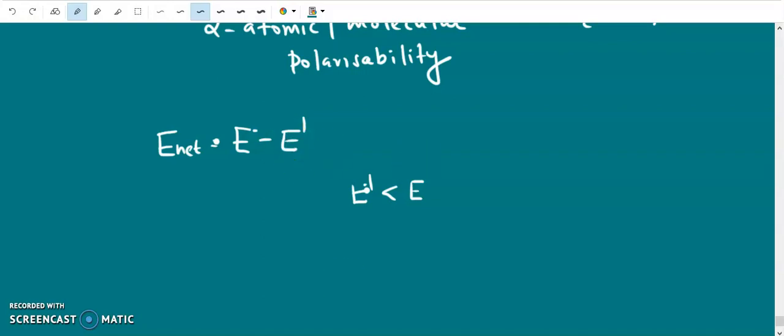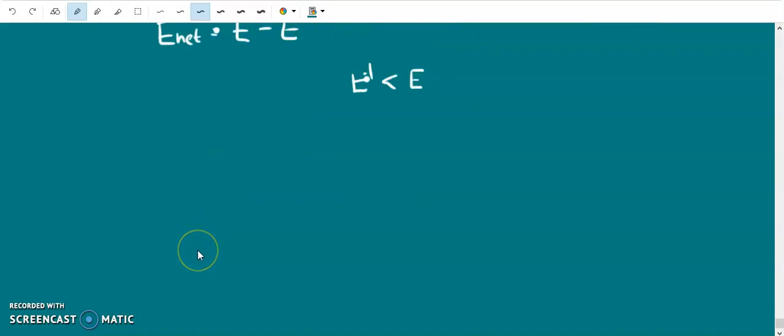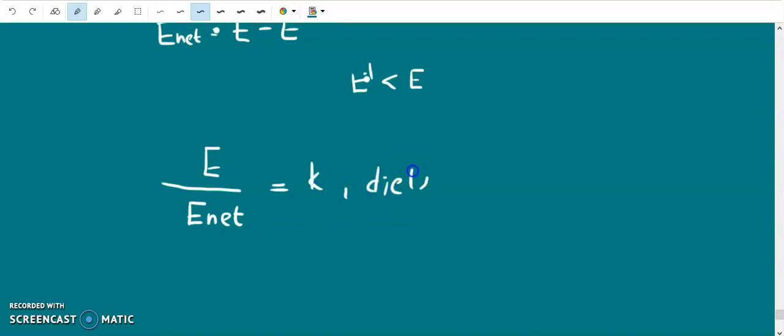So now the value of E net depends on the nature of the dielectric material. It is found that the ratio of the applied or external electric field to the reduced value of the electric field E net is a constant for a particular material, and this constant is called the dielectric constant K of the material.